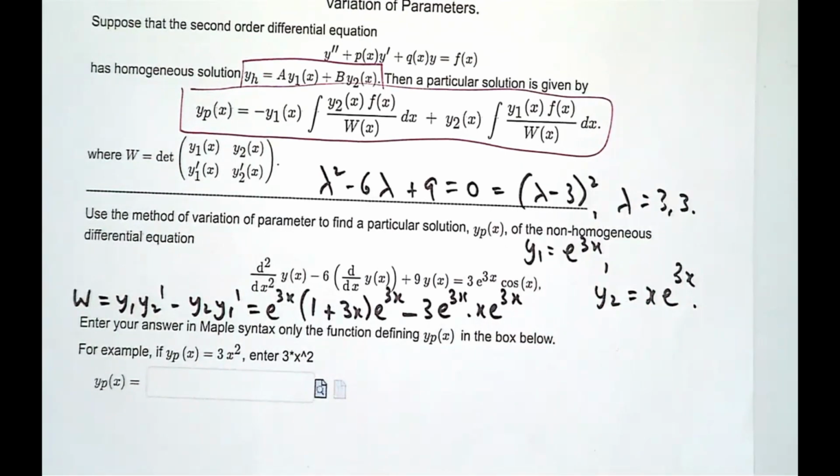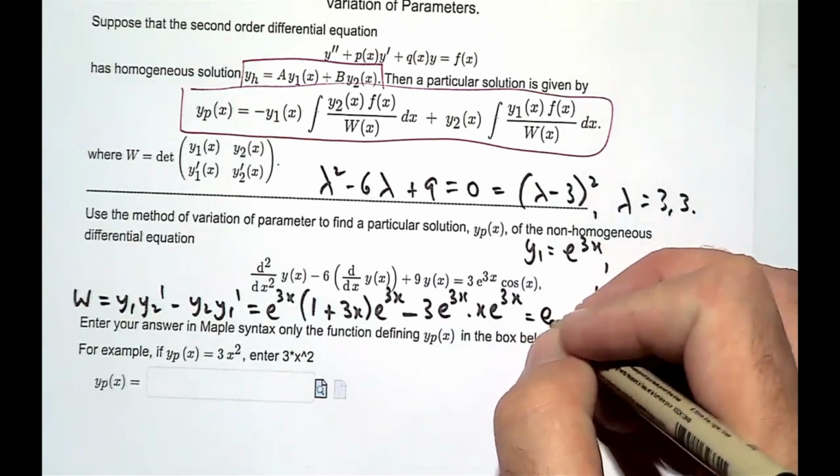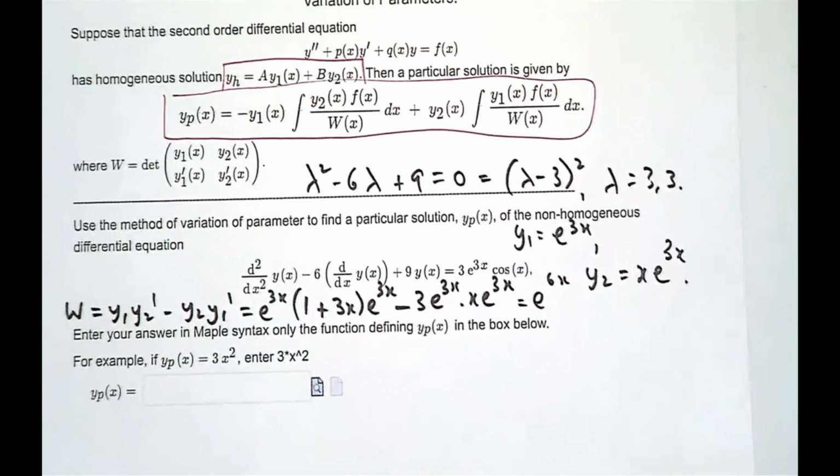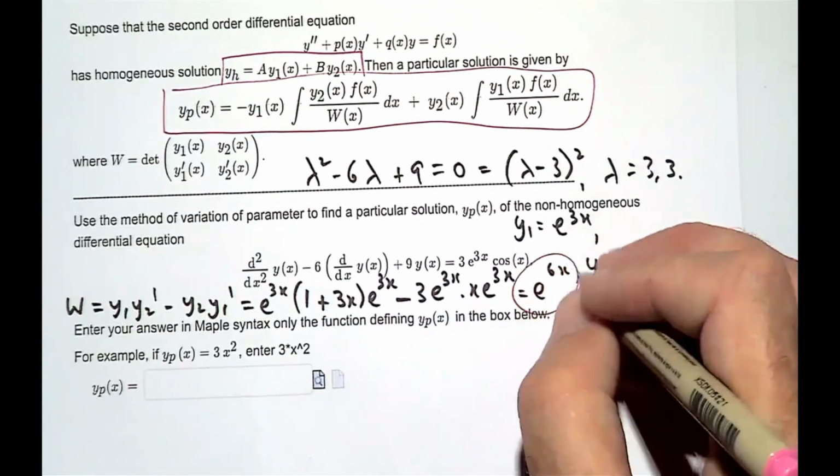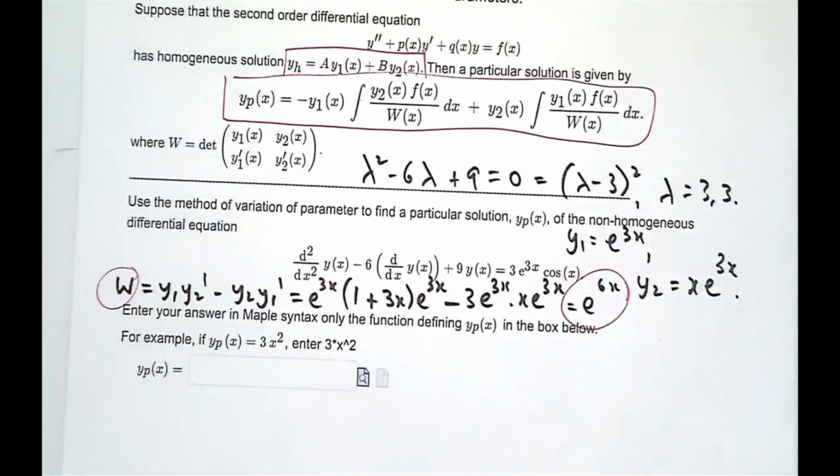I've got a bit of a mess, but things are going to cancel out. I've got some nice cancellation there, and I'm left with, I think, e to the 3x.